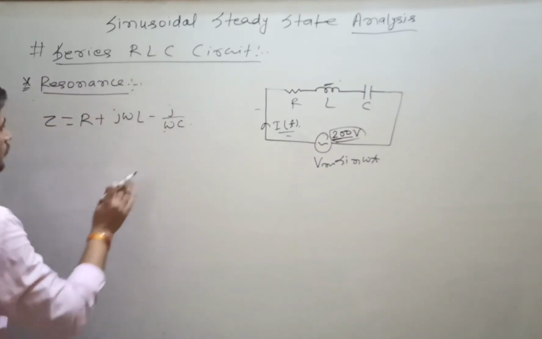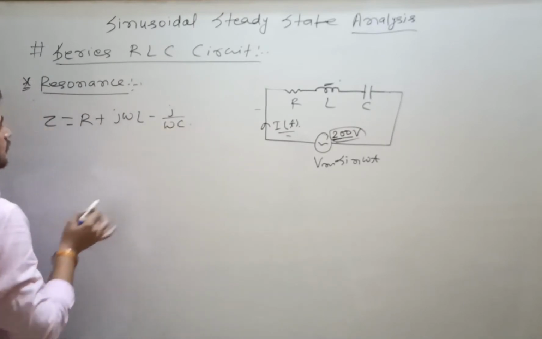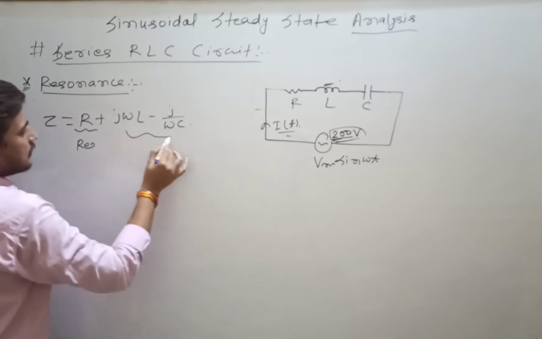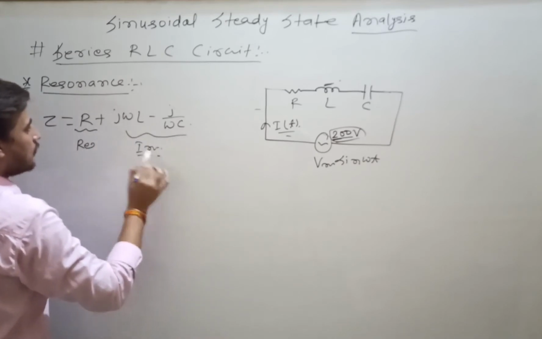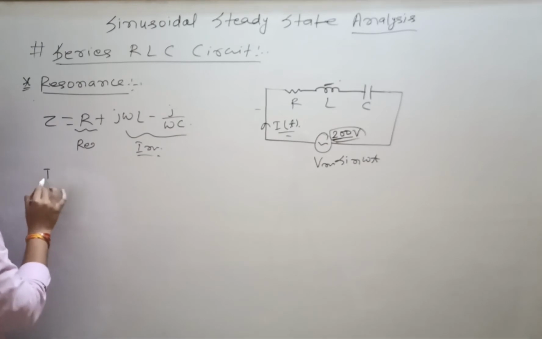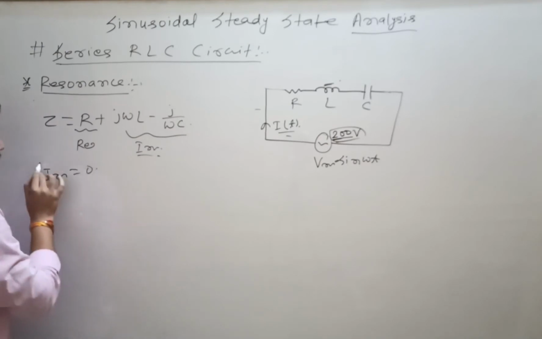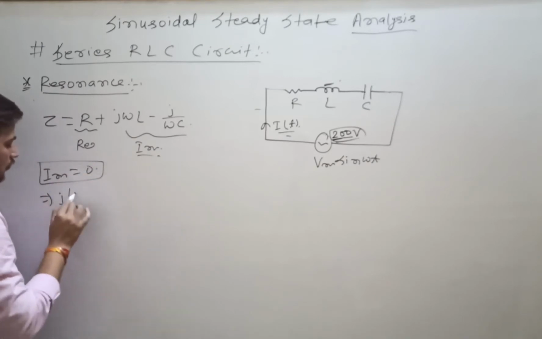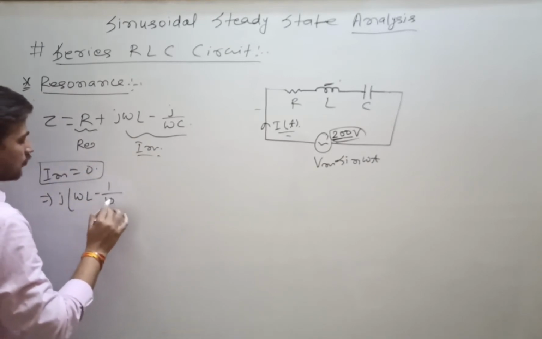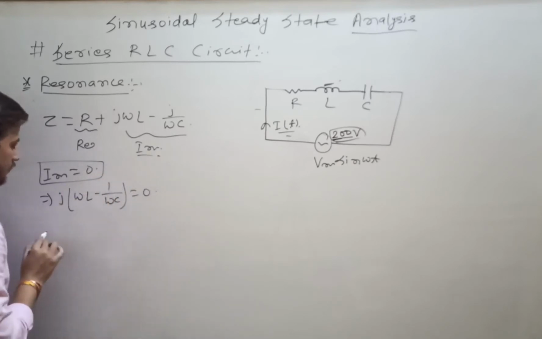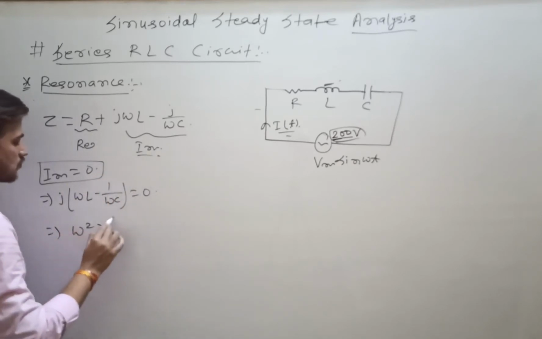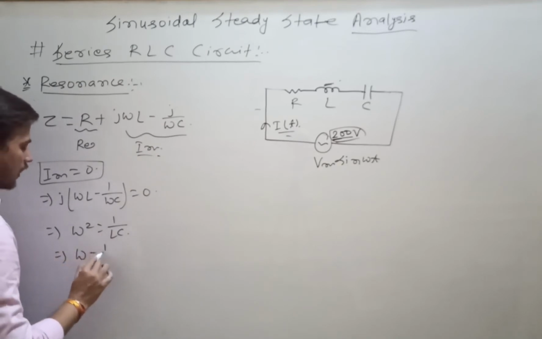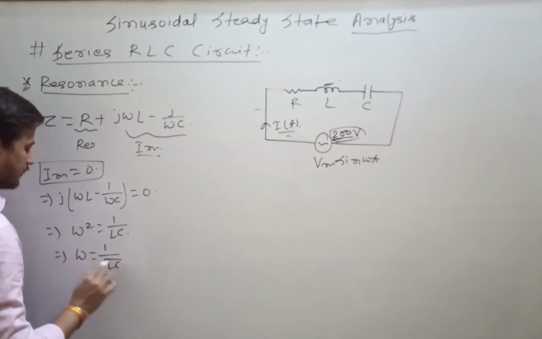This is the real part and this is the imaginary part. Now if you make the imaginary part equal to 0, that means omega L minus 1 upon omega C will be equal to 0. From here you will get omega square equal to 1 upon LC, and omega equal to 1 upon under root LC.